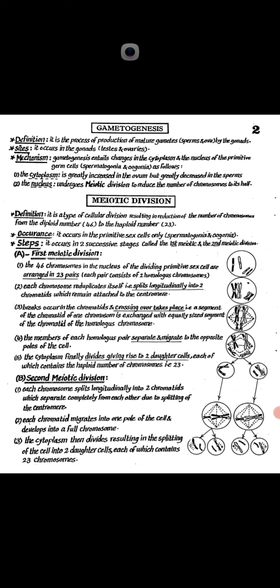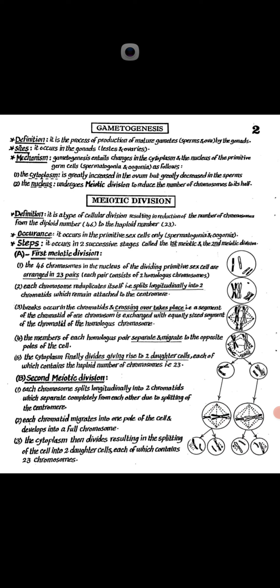Now come to the meiotic division. In meiotic division, first its definition, then its occurrence, then its steps. First, how do we define meiosis? It is a type of cellular division resulting in reduction of the number of chromosomes from diploid number 46 to haploid number 23.